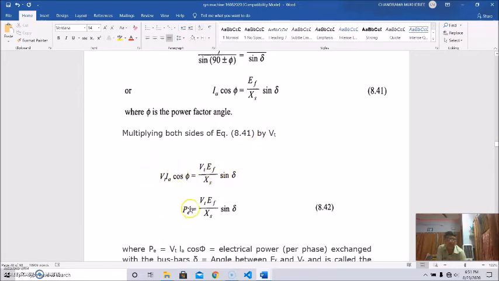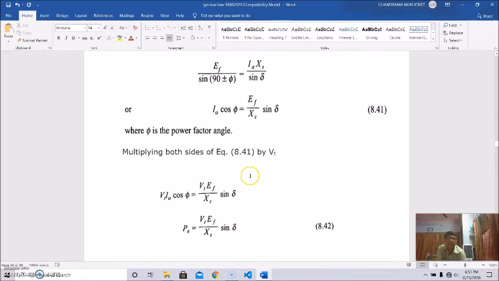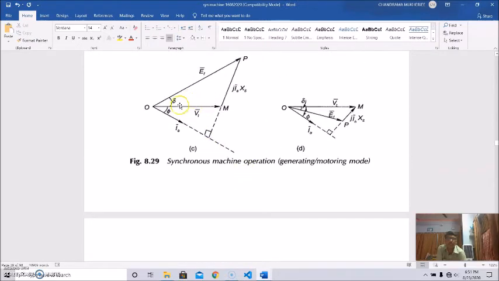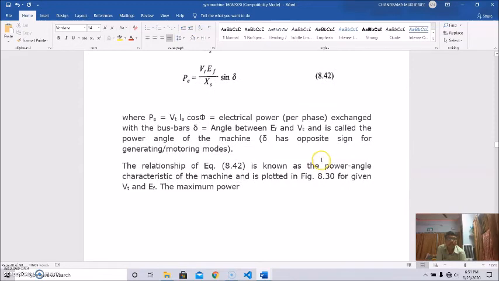This is nothing but the electrical power exchanged with the bus bar, and delta is the angle between EF and Vt, as shown here. This is called the power angle, or torque angle, of the machine, and delta has opposite sign for generating and motoring modes.